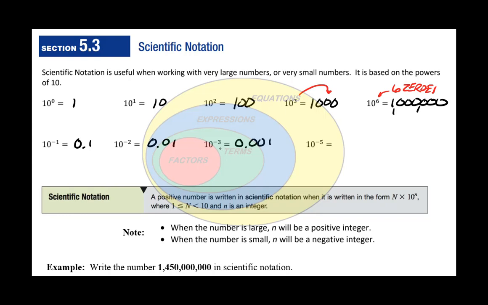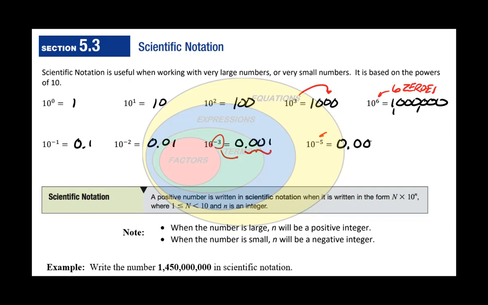And again, if you look at the negative exponent, it is the number of decimal places to the right of the decimal. So 10 to the negative 5th, we have a negative, so this would be 0 point, and we want the 1 in the 5th decimal place.